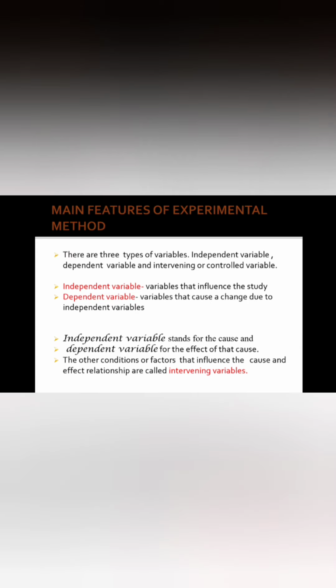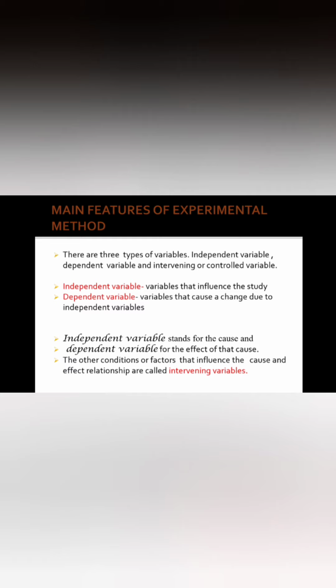The main features of experimental method. There are three types of variables, that is independent variable, dependent variable and intervening or controlled variables. Independent variables are variables that influence the study. Dependent variables are those that change due to the independent variable.